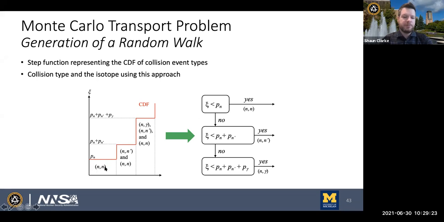The probability of P_nn, P_nn', or P_gamma is the sum of those 3 partials, and you would just keep going up and up and up until you've added up all of the possible reaction modes. And if we set that y-axis equal to a random number, we can then sample the random number, find out which band it lands in, and that's how we sample the reaction. So if we sampled a random number that landed here, then that would tell us, okay, in this case, we had a P_gamma, a gamma reaction occurring. The same exact approach that we used to sample the six-sided die rolls yesterday.